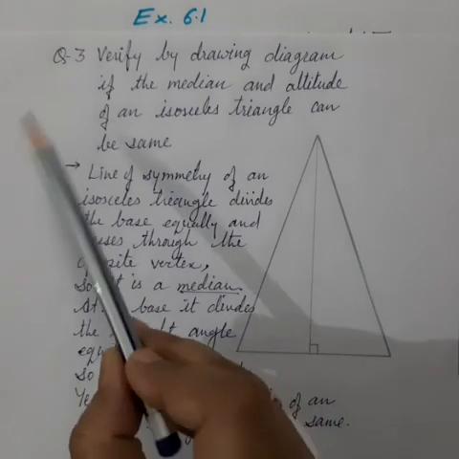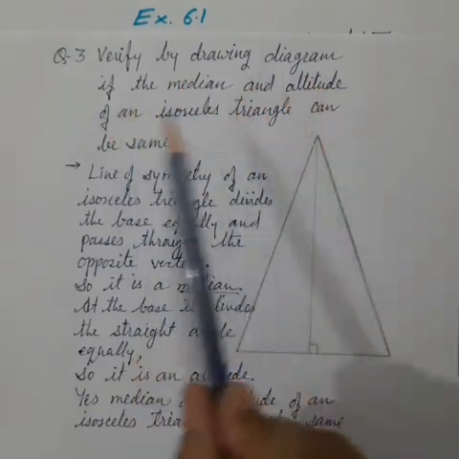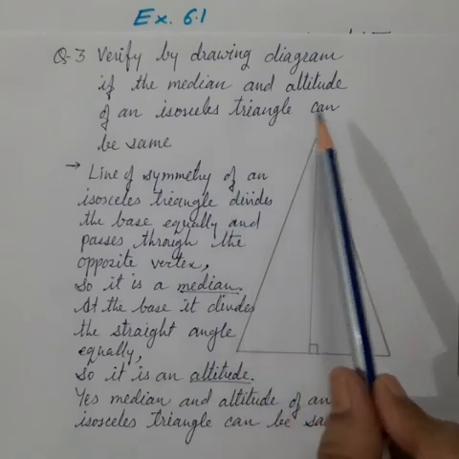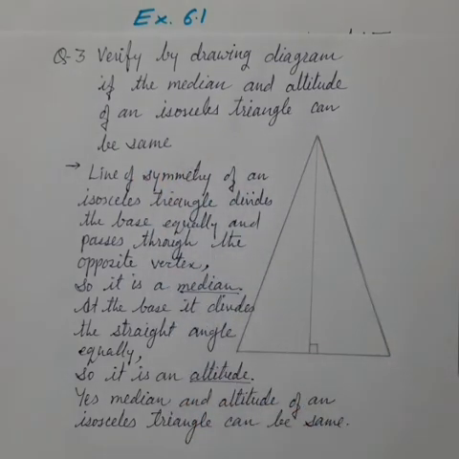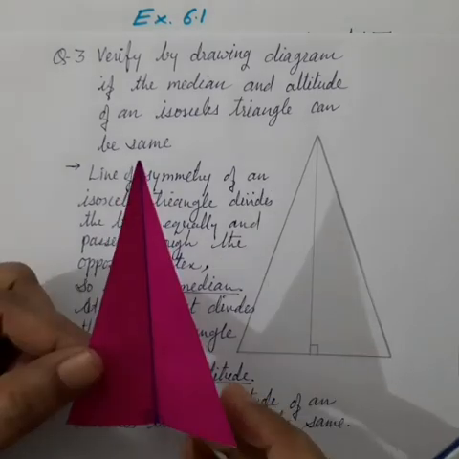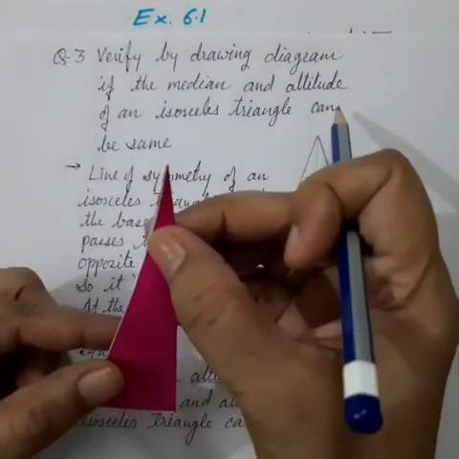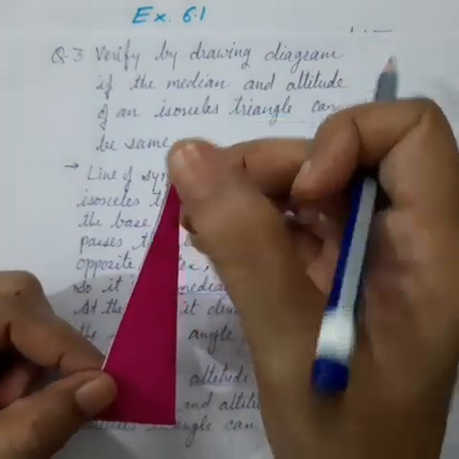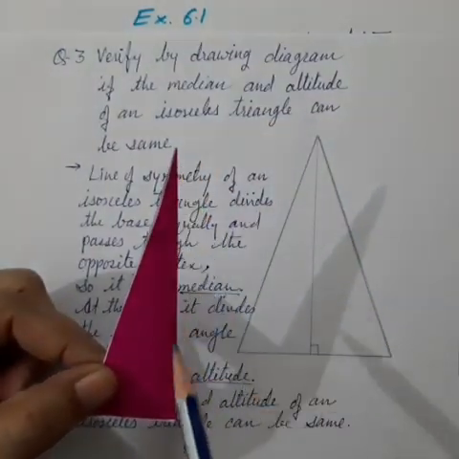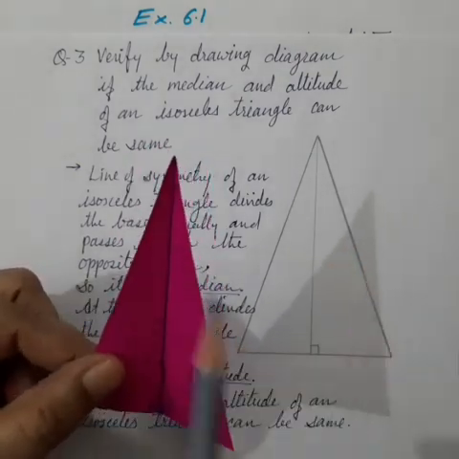Coming to question 3. Verify by drawing a diagram if the median and altitude of an isosceles triangle can be the same. For this, draw an isosceles triangle on a colorful paper and get its cutout. Now fold this figure in such a way that we get two parts exactly overlapping each other, and this is the line of symmetry, and for this line of symmetry we get a crease here.